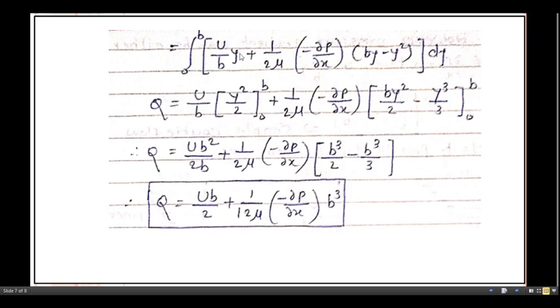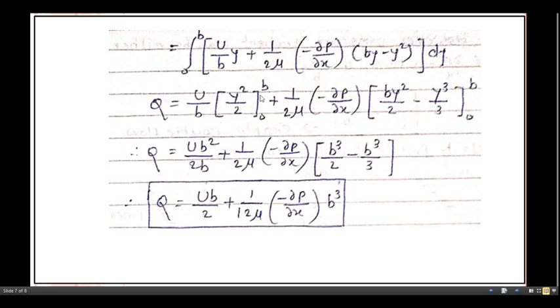If I integrate this term with respect to y, what do we get here? y square by 2, just put the limit from 0 to b. The next one, 1 upon 2 mu, this term will remain as it is. Integration of this one is b y square by 2 minus y cube by 3. Just put the limit for this term also.